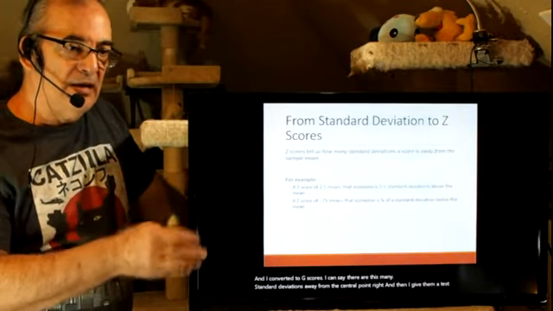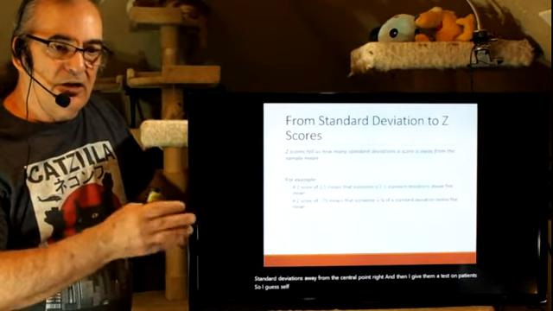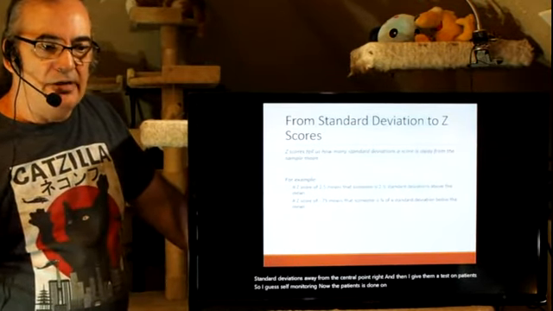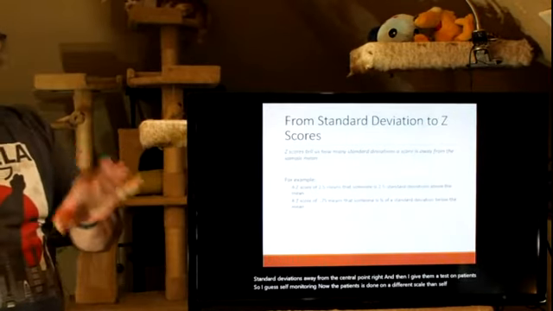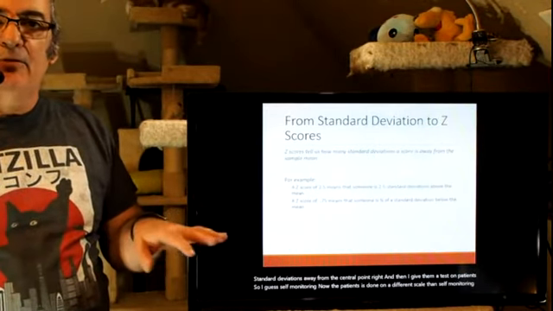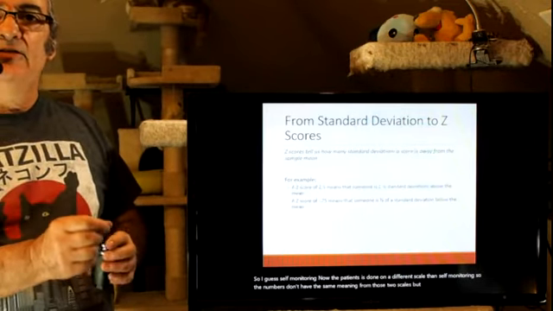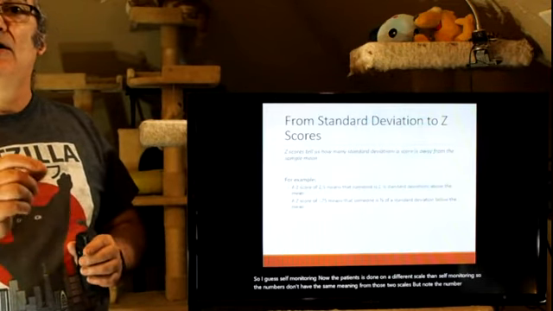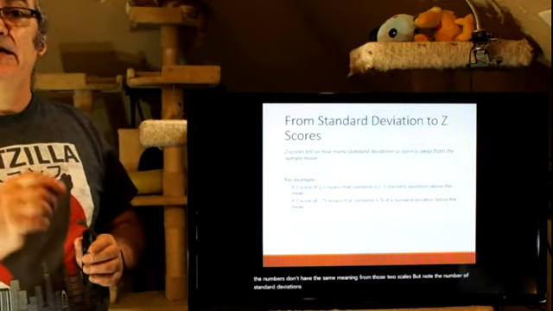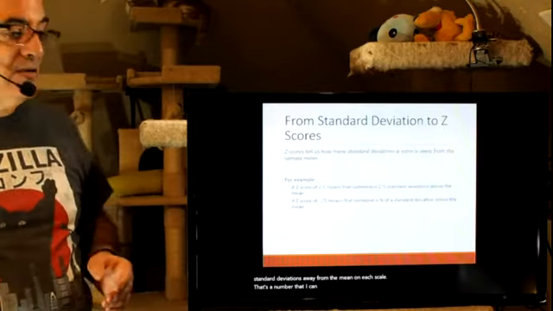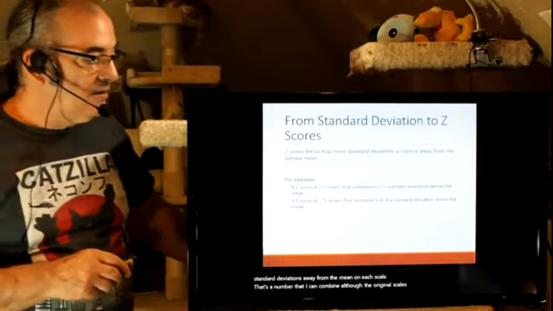The patience test is done on a different scale than self-monitoring, so the numbers don't have the same meaning across those two scales. But the number of standard deviations away from the mean on each scale is a number that I can combine, although the original scales were numerically different.